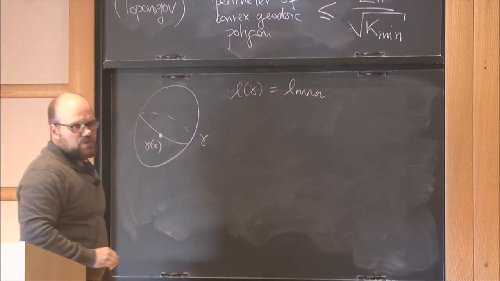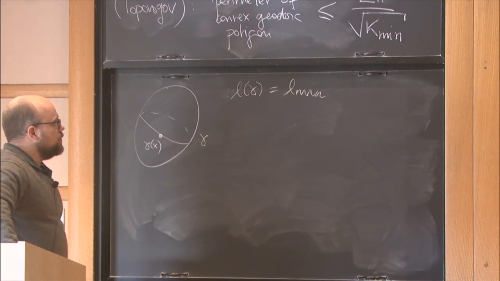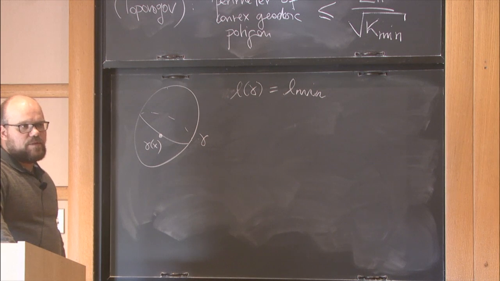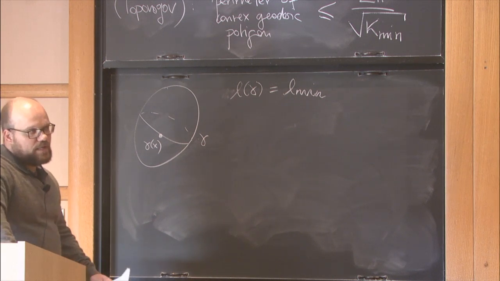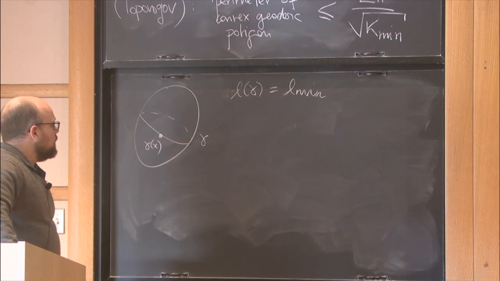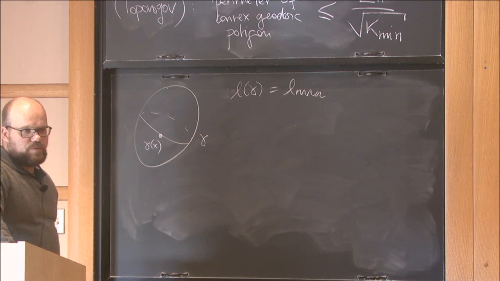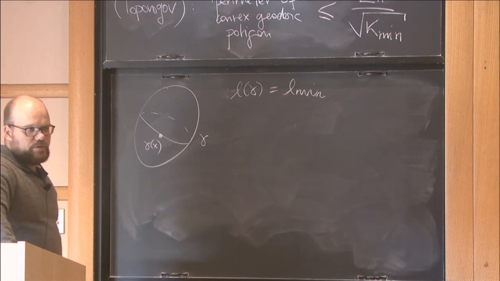By the way, there's a result of Croke saying that for all positively curved two-spheres, the shortest closed geodesic can be realized by an embedded one. So the length of the shortest closed geodesic can be realized by the length of an embedded one. Certainly for the 1/4 pinching condition, this is implied by Toponogov, so let's not worry about this.